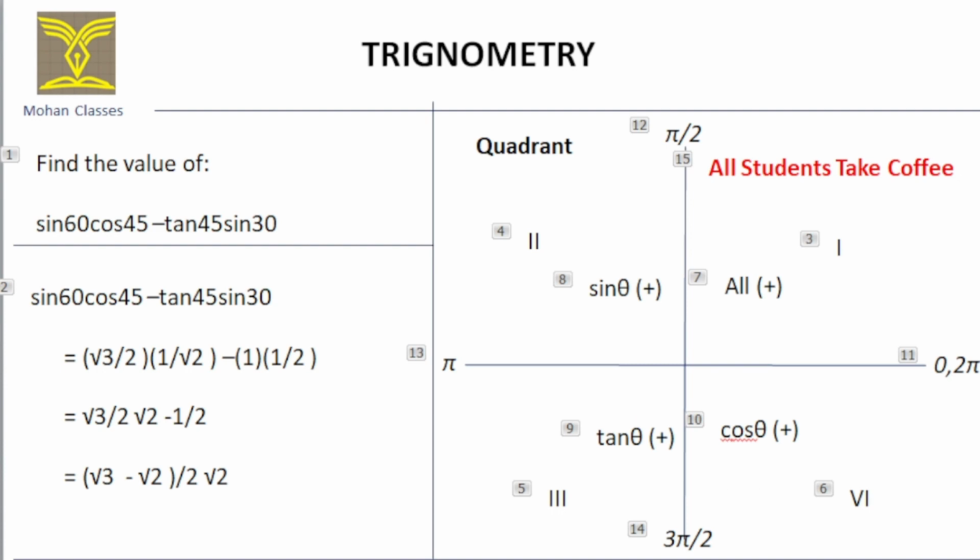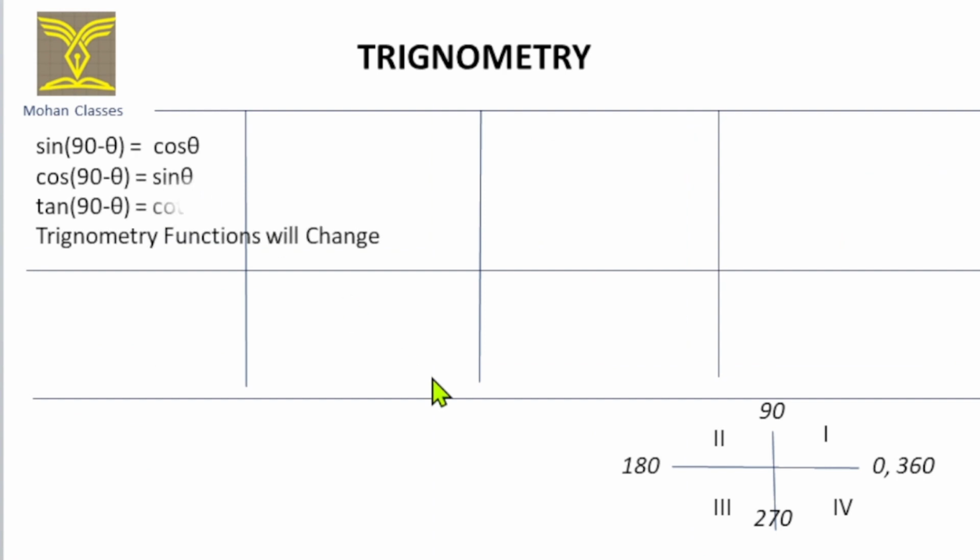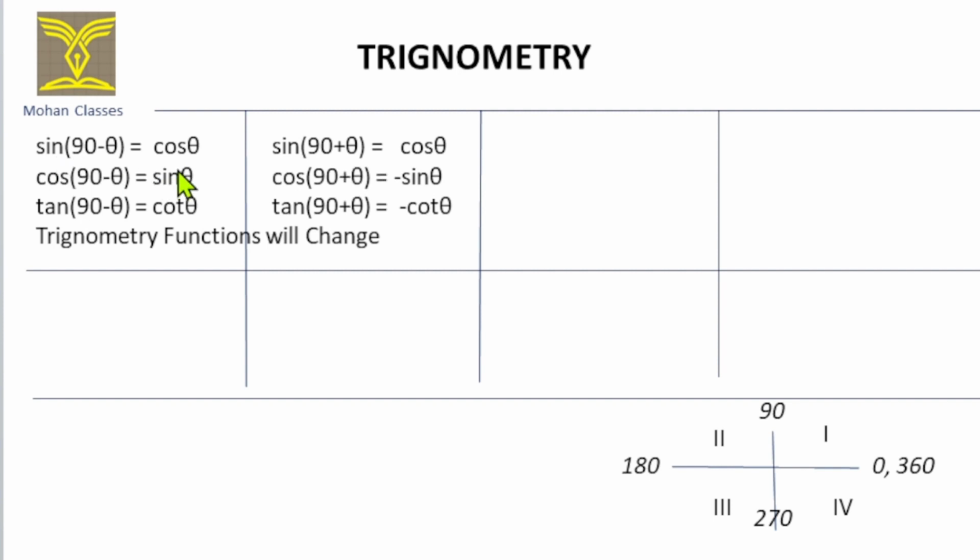Now we are going to see how the values of sine, cos, tan will change from quadrant to quadrant. You see here we are having first quadrant, second quadrant, third quadrant, fourth quadrant. Here sine of 90 minus theta is equal to cos theta. You see the sine has been changed to cos.